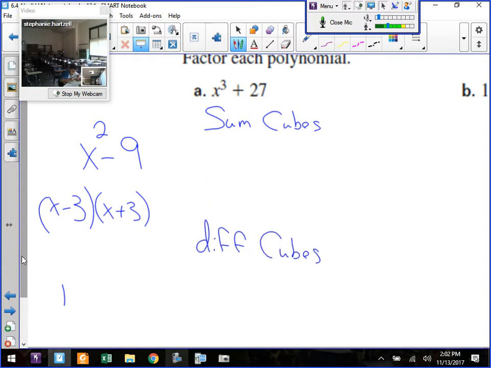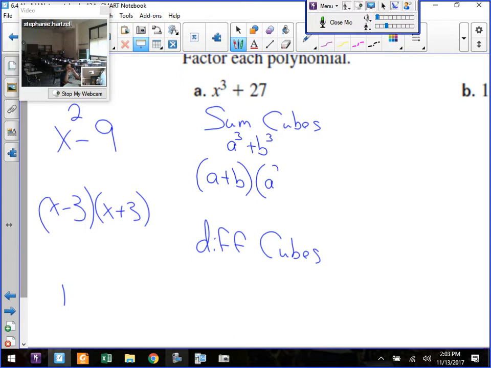And just like when you have difference of squares, there was a specific pattern. There's a specific pattern for both sum and differences of cubes. And we're going to talk about those today. So sum of cubes. If you happen to have a cubed plus b cubed, I'm just leaving it in terms of a and b, just to start. And we'll use the x cubed plus 27 as our example. What you're doing here is this. It's going to be a plus b times the quantity, a squared, minus ab plus b squared.